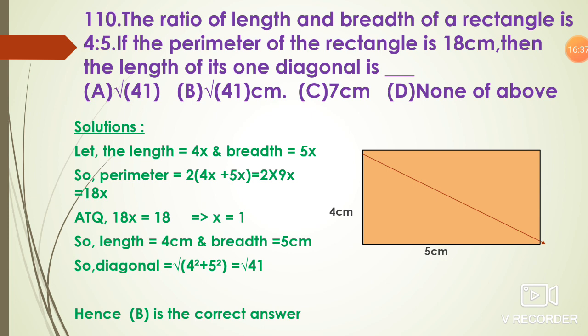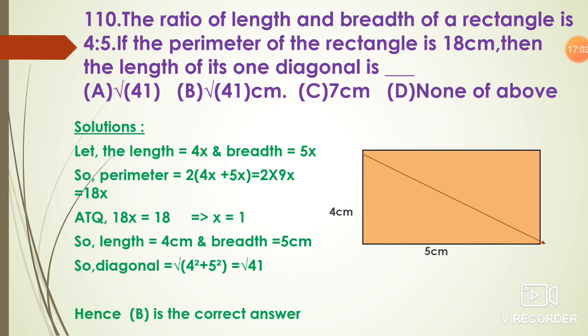Question number 110. The ratio of length and breadth of a rectangle is 4:5. If the perimeter is 18 centimeter, then find the length of the diagonal. So we have to assume that length equal to 4x and breadth equal to 5x. So perimeter equal to 2 into L plus B. So after putting the values of L and B, we get the perimeter 18x. But the given perimeter is 18 centimeter.